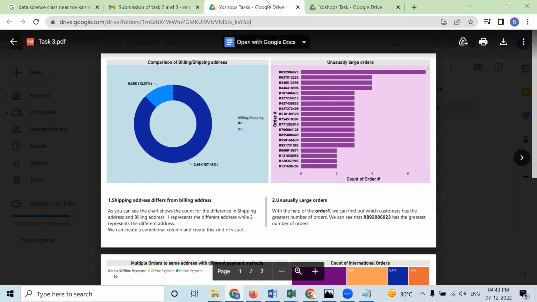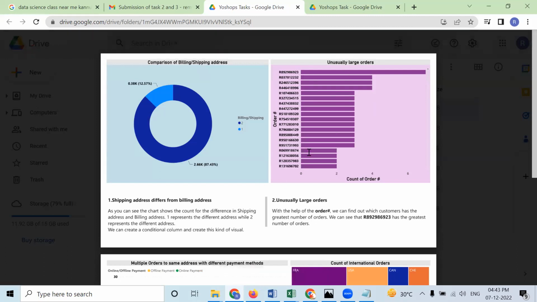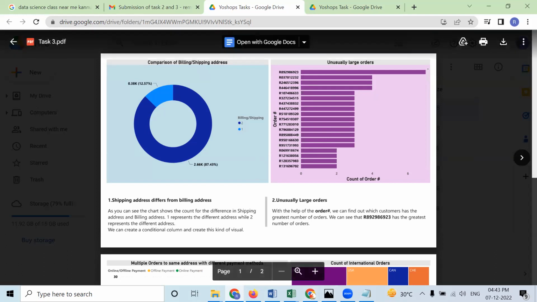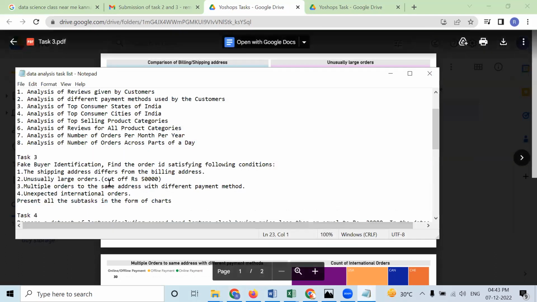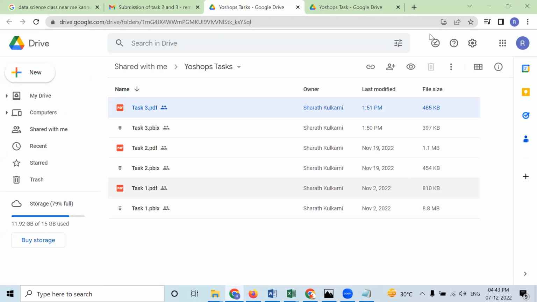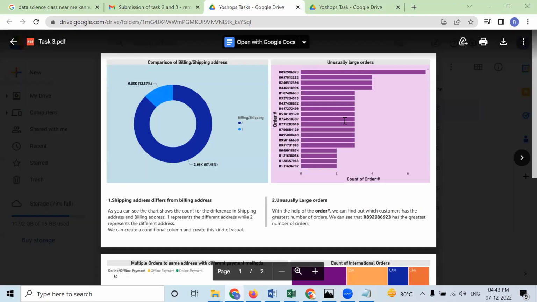It is somewhat not correct. I think it is not correct at all. Unusual large orders means those orders which have a price greater than 50,000. It is mentioned, the cutoff is 50,000 rupees. Okay, please work on that.